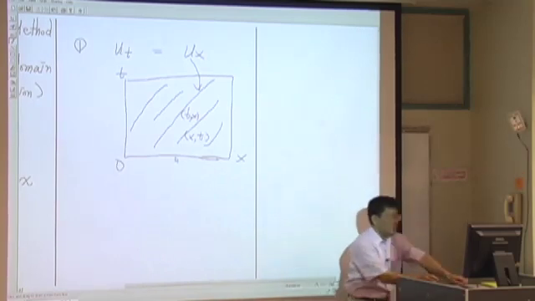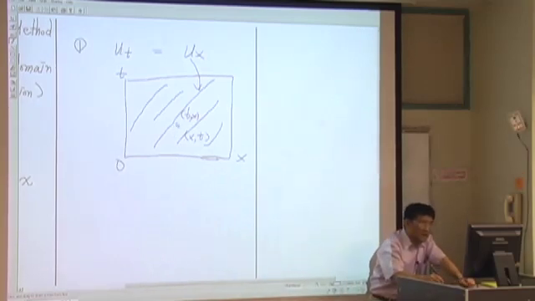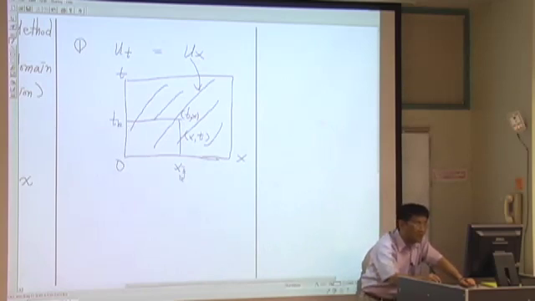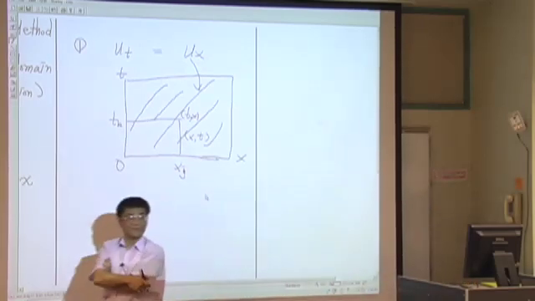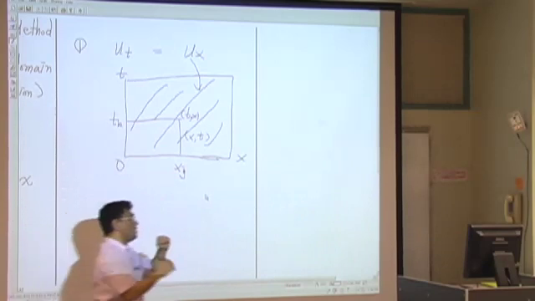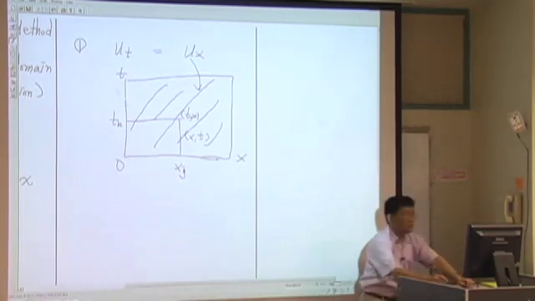For instance, let's pick a generic position, say x_j and t_k. Any index you can choose. So I want to find the matching relation to this one.